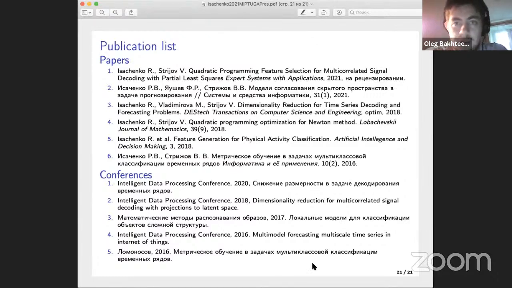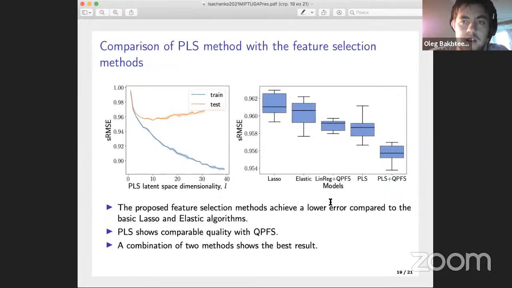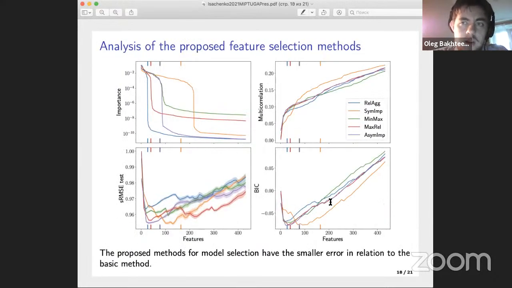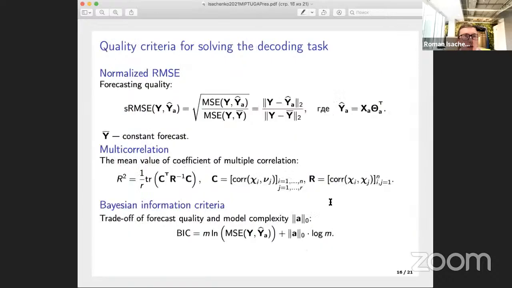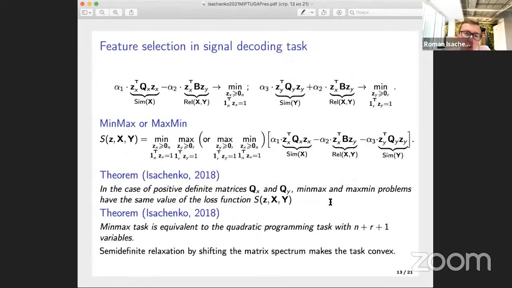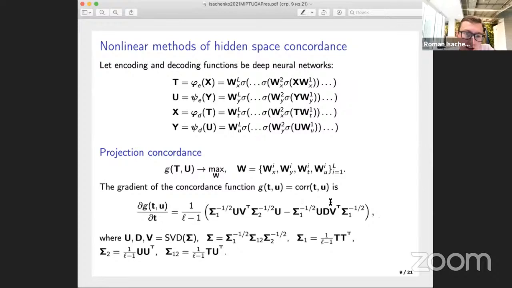Okay, then the question from me. Have you tried any other concordance functions other than correlation? The problem here is that we need a closed form solution for linear models. And it's very difficult to use nonlinear concordance functions in this case.